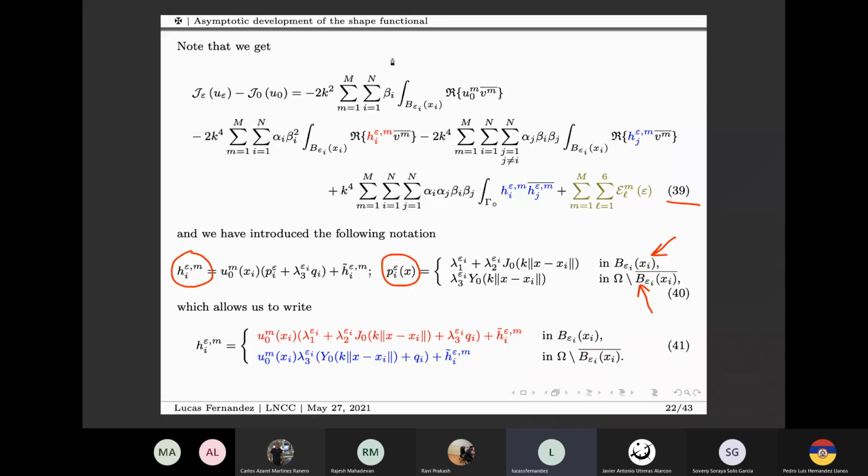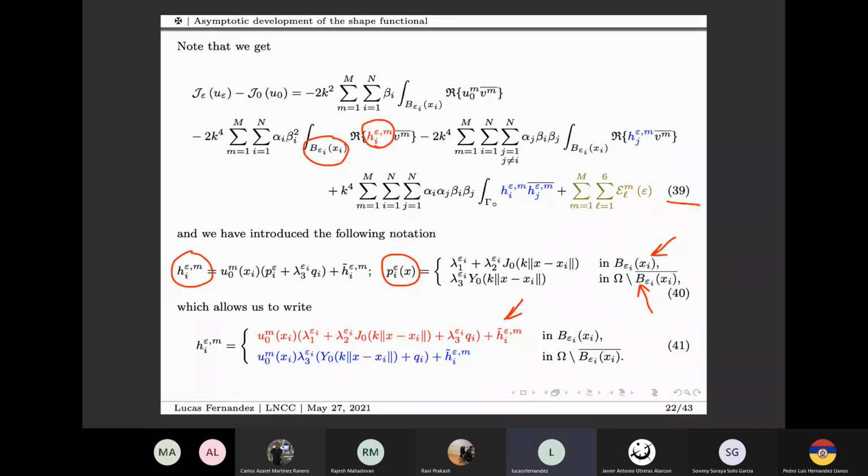So here the function hi epsilon is defined for the b epsilon i ball, and the domain of integration is also the b epsilon i ball. So in this case, we use the representation in red color, okay?